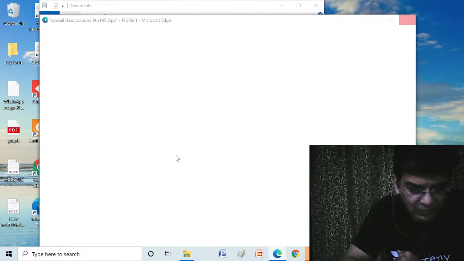Triangle ADC. So first of all, I will write the three sides of triangle ADC as a, b and c. So they are 28, 15 and 41. So let me find the perimeter first. Perimeter means sum of the sides. So I am adding the three sides. So it's coming 84.